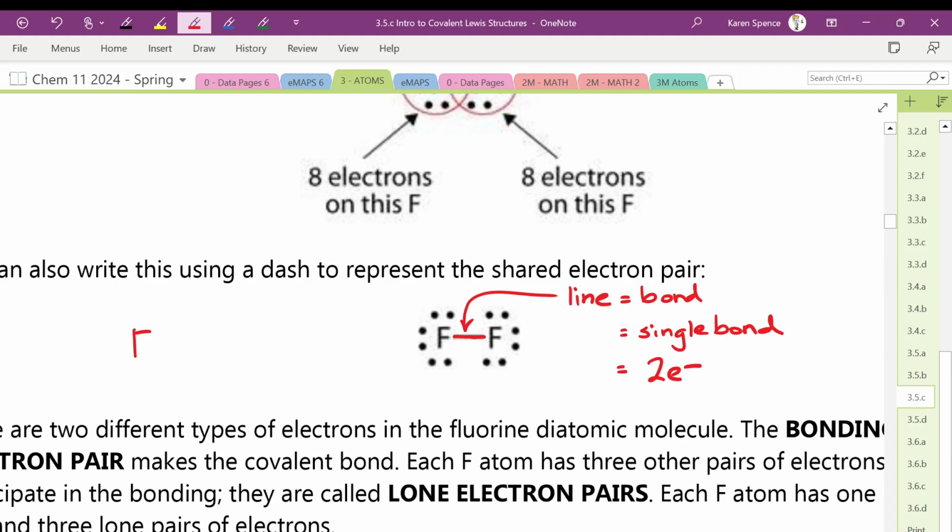So if I was to draw it like this, I would say that I have 2, 4, 6, 8 electrons on that fluorine, yes?